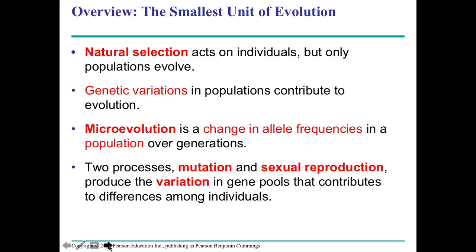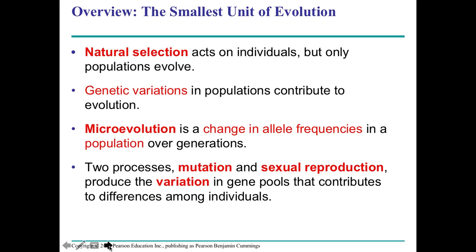There are what we call genetic variations in a population that contribute to evolution. Genetic variation is just what it sounds like, a variation in the genes, variation in different traits. So that helps with evolution. And then there's this thing called microevolution, which is a change in allele frequencies in a population over generations of time.